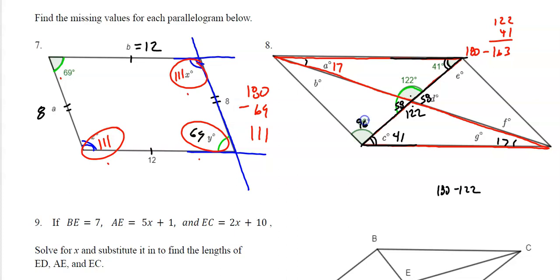If this is 96, up here has got to be 96. And then we will add the 96 and the 58 up for this triangle, and then subtract that from 180. So those 2 add up to 154, subtract from 180. I believe that leaves me with 26 degrees in those 2 corners. So you kind of have some congruent triangles there that are rotated around.